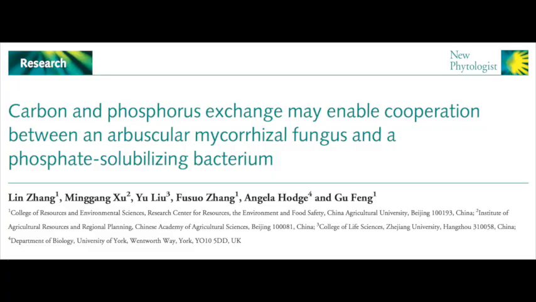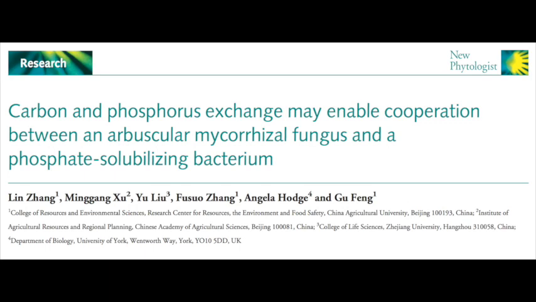Today, as you said, we know AM fungi don't have the lytic enzymes to be able to access those organisms or those compounds. But this is what I was talking about, the work coming out of other labs looking at AM fungi trading labile carbon that's coming from plants with phosphate solubilizing bacteria.